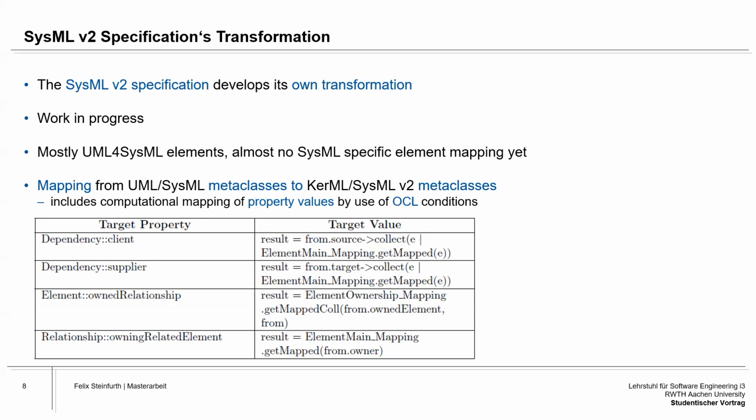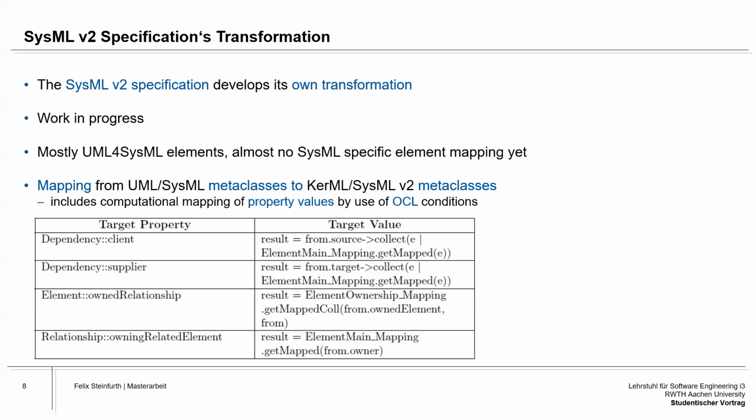This approach provides a mapping from UML and SysML metaclasses to SysML v2 metaclasses and includes a computational mapping of property values by the use of OCL conditions.